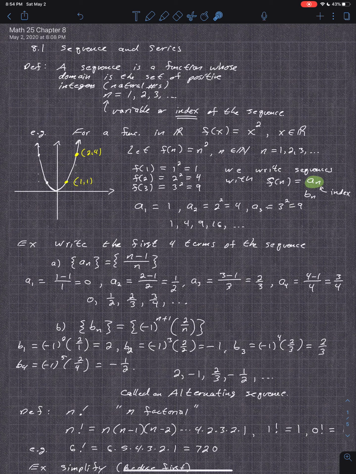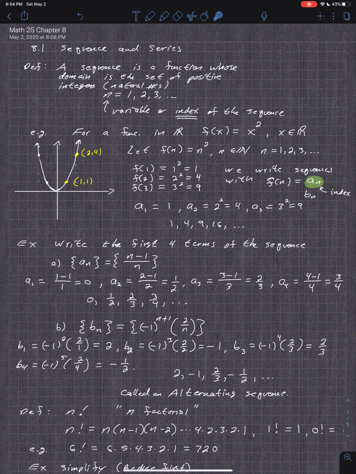Normally we don't use the notation f. We write the sequence f of n as a sub n, or we use b sub n, sometimes c sub n. The subscript n acts like the input of the function, and we call that an index.